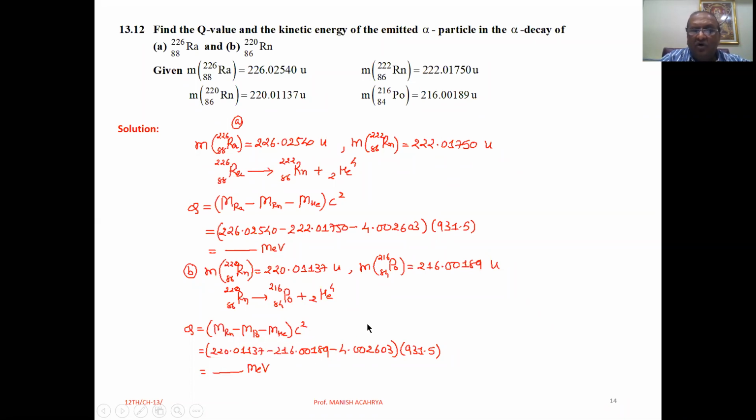Substitute the values of all masses and then directly multiply by 931.5. Your answer will again be in MeV. Clear to all of you? So this Q value energy, which is released, is gained by the products in the form of kinetic energy. Clear to all of you?